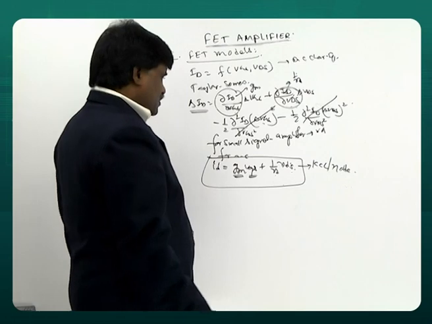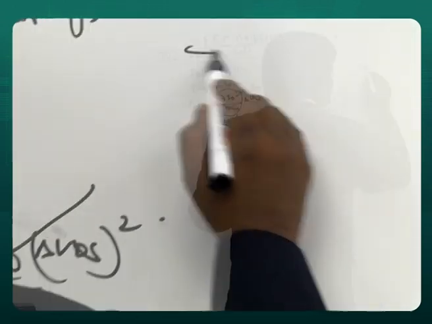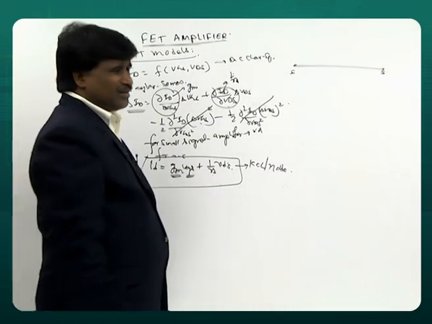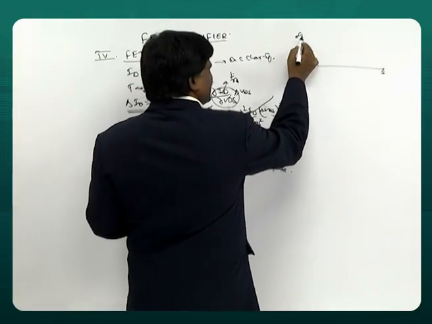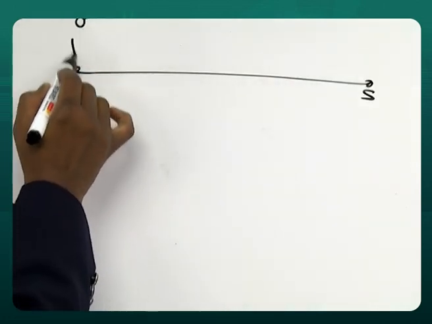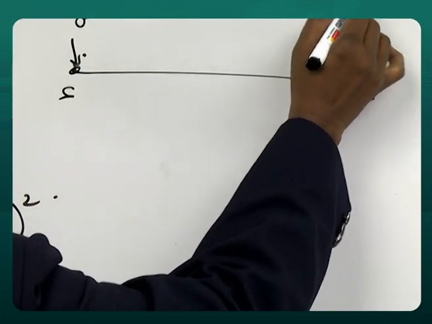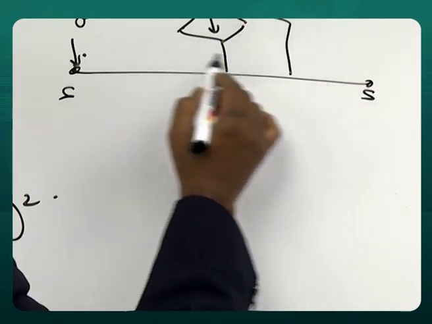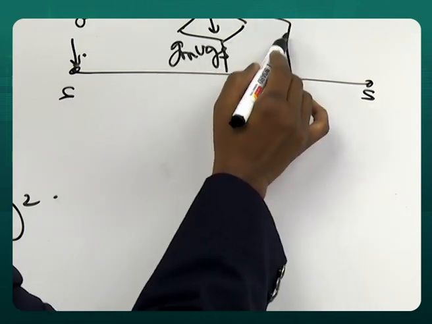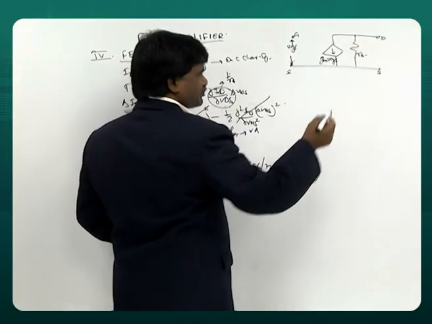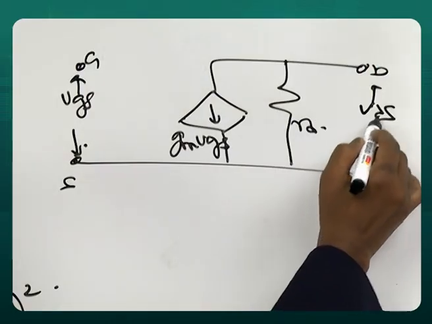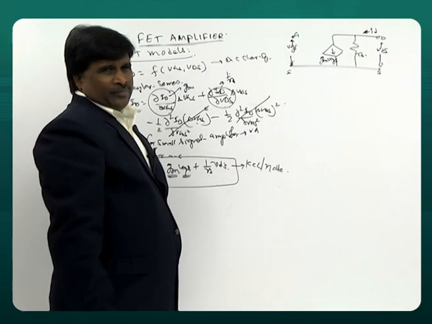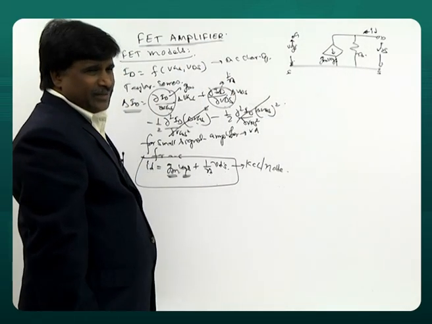Node means. So then how do I draw this diagram here? For example, source here. At the gate there is nothing but the voltage. And then you have a drain here. That is GM, VGS and RD. VDS and ID.